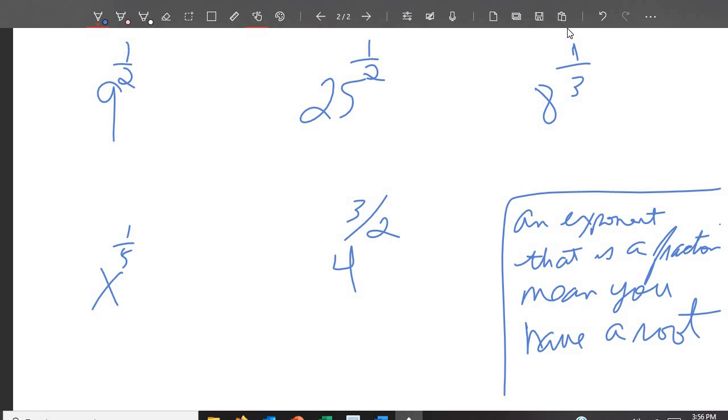So it'll be a square root, cubed root, fourth root, fifth root, whatever.